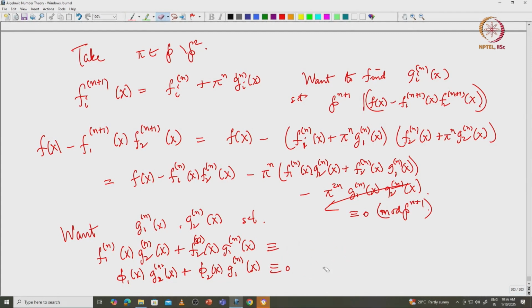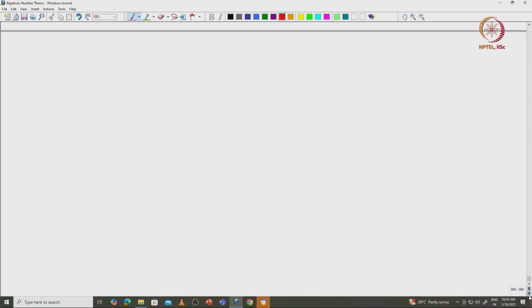What I want is for this to be f of x minus f1 n x f2 n x divided by pi to the n mod p, and let me call this h of x mod p. I will write what h of x is on the next page. So, h of x is f of x minus f1 n x f2 n x by pi to the n.